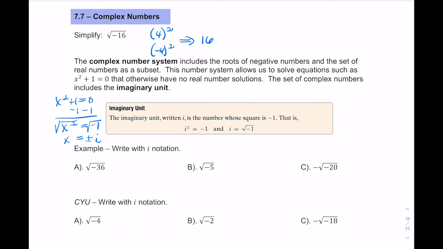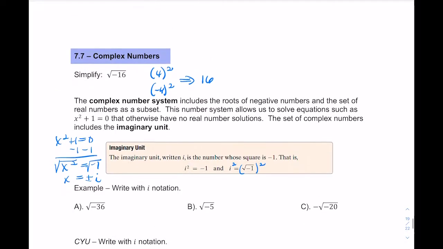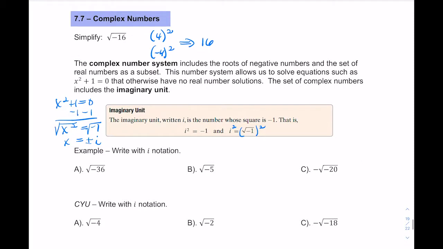The way you get that is to square both sides, and when you square a square root, the square root symbol goes away and you're left with the radicand, which is -1. So these are two important things to remember: i equals the square root of -1, and i squared is -1.